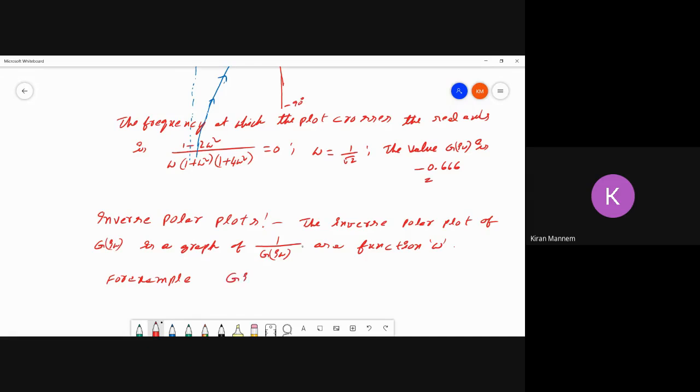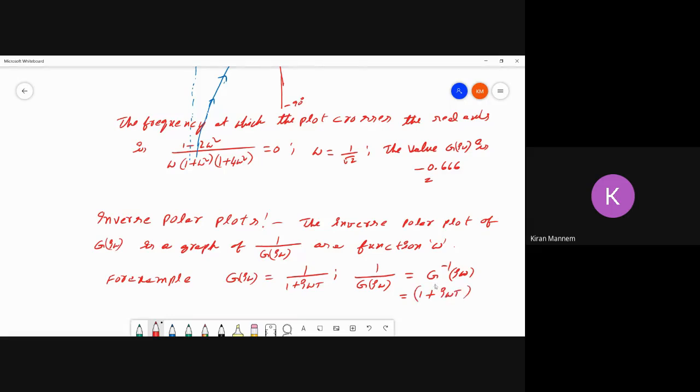So for example, for very simple understanding, you have g of j omega equal to 1 by 1 plus j omega t, your first example. The inverse polar plot is nothing but 1 by g of j omega. So this is g inverse of j omega, which is equal to 1 plus j omega t, right?